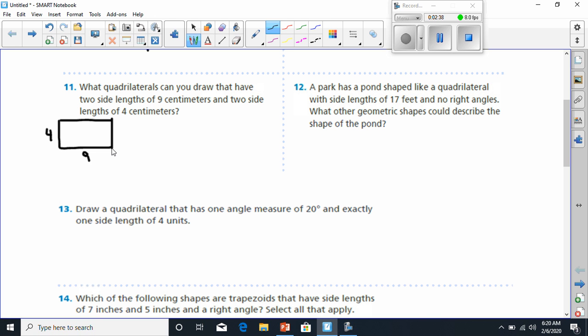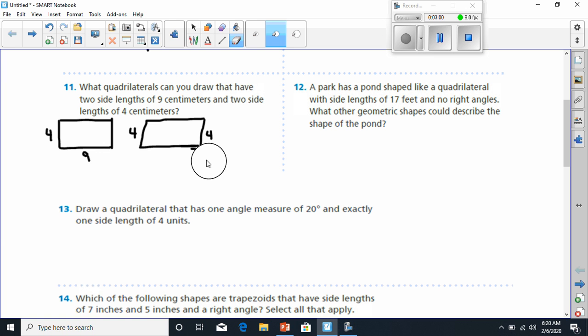Another one that might fit would be a parallelogram, and that would be one that's offset, right, like so. These would still be 4 even though they're at a slight angle. And there's this ugly thing here. And these would be 9.